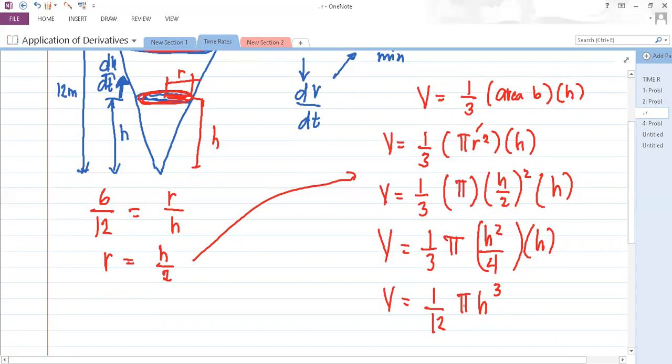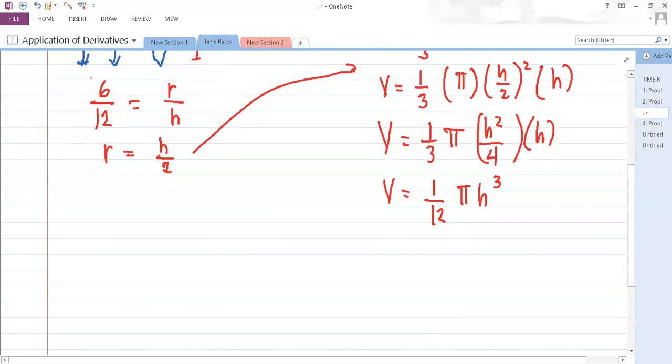We can now differentiate our equation. We will get the height with respect to time, so we differentiate this with respect to time.